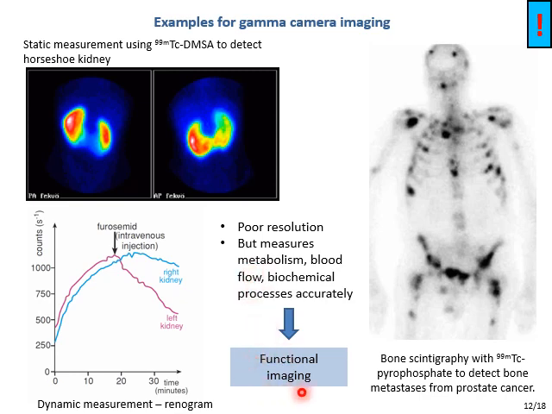And this is called functional imaging. So gamma camera is a functional imaging modality because with its application, our aim is to image the function of an organ or of a tissue and not the anatomical details of the tissue or the organ.